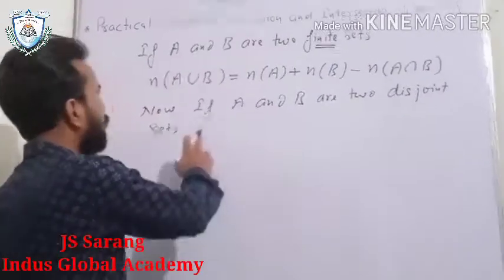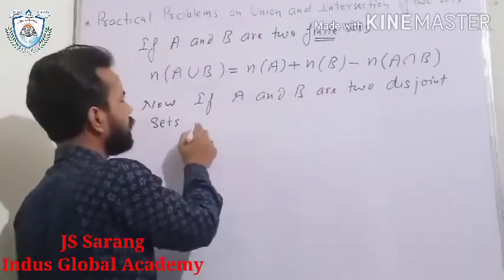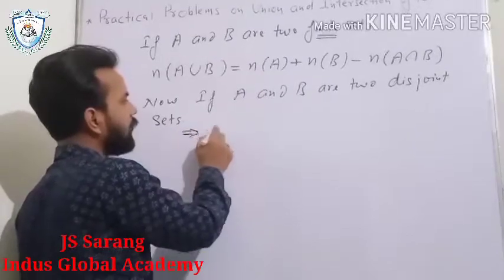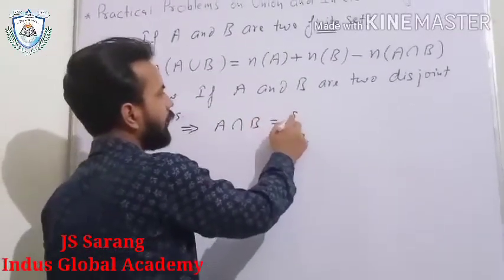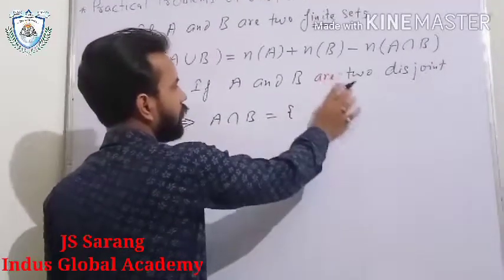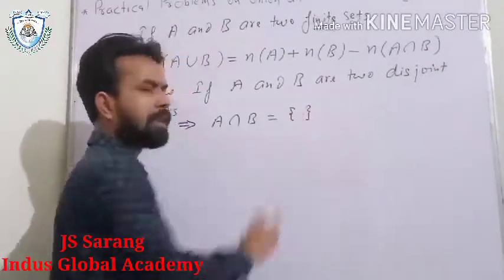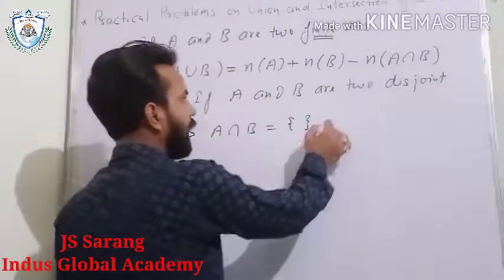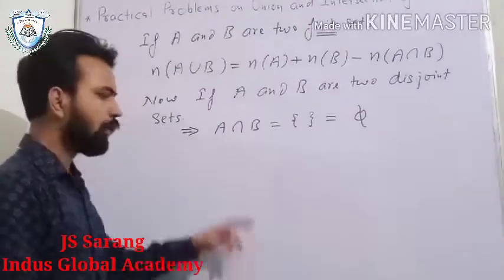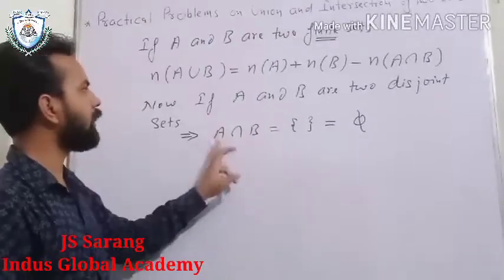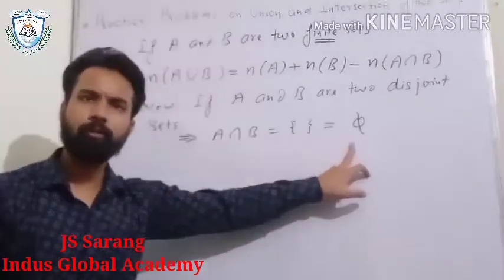So if A and B are disjoint sets, the intersection of A and B is an empty set. Nothing is common, and the empty set is denoted as phi. We all know that. So if A and B are disjoint sets, A intersection B is equal to phi.